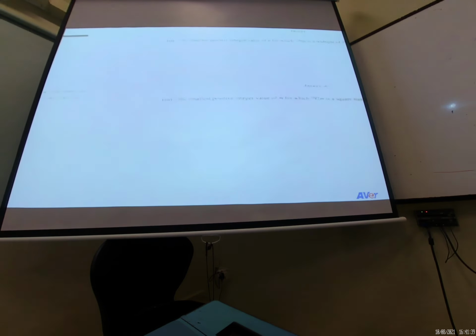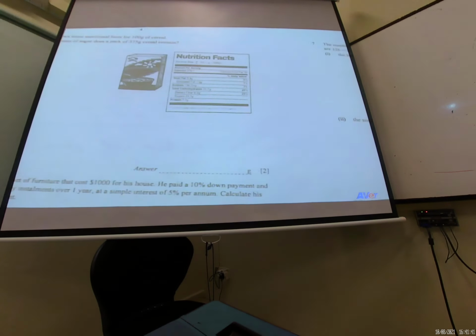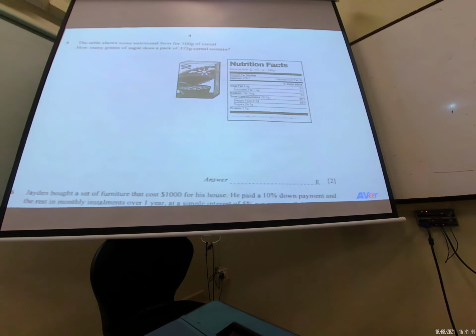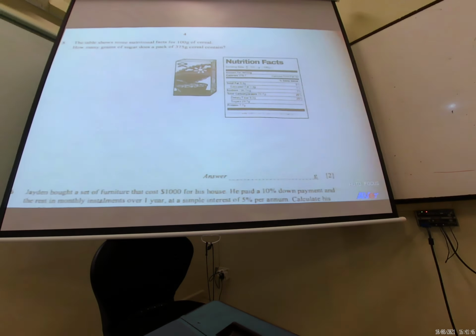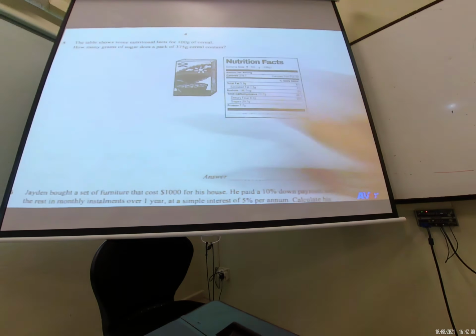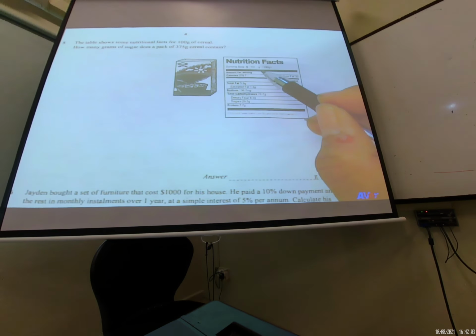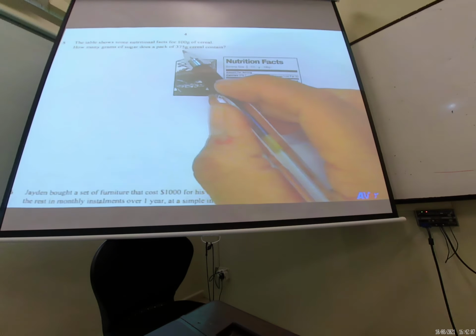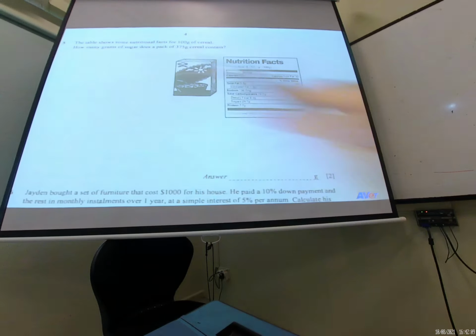Question 5. The table shows some nutritional facts for 100 grams of cereal. How many grams of sugar does a pack of 375 gram cereal contain? So this nutrition fact is for 100 grams of cereal, but now we have 375 grams of cereal.